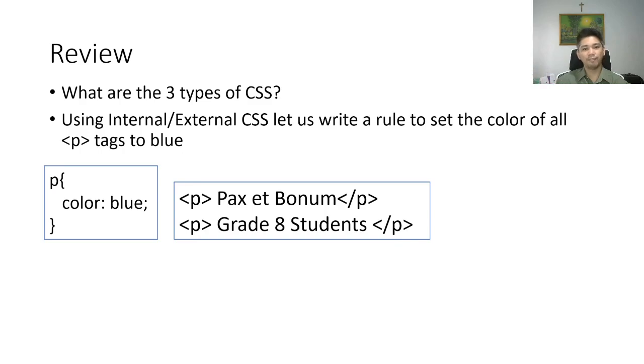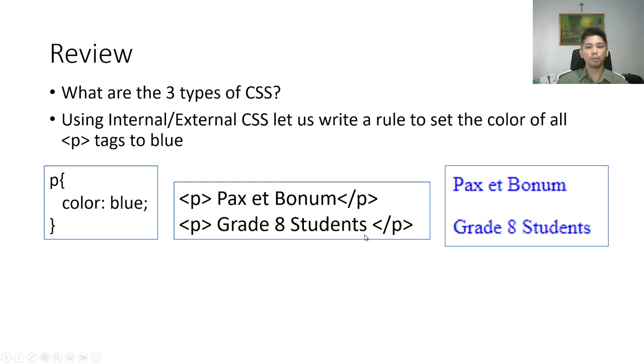And when you have paragraph tags inside your body, like in the example provided, we have the first one and the second one. Since our rule states that all paragraph tags will be color blue, for our output, they will be color blue.